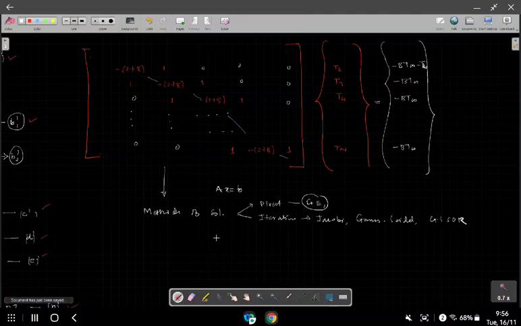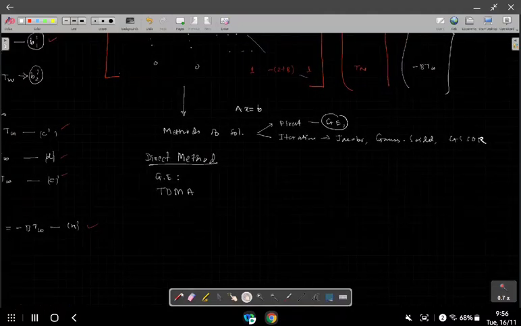So there is a method to go around this. It is a type of Gauss elimination in a direct method, but a specific Gauss elimination, that is called TDMA.